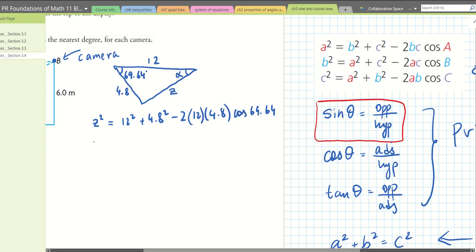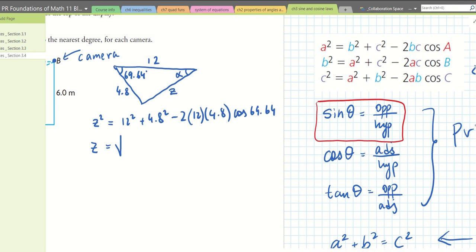So let's see what all of this equals. So z is going to equal the square root, and then let's punch all of this into the calculator and see what that equals. So let's see, 12 squared plus 4.8 squared minus 2 times 12 times 4.8 times the cos of 69.64.